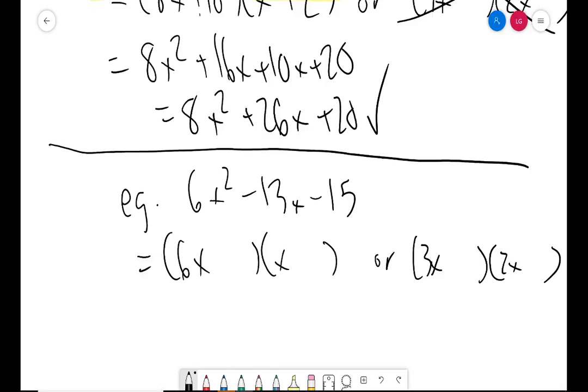Okay, so it's going to look like one of these two options because those are the only factor pairs of 6. No factor pairs of 15.